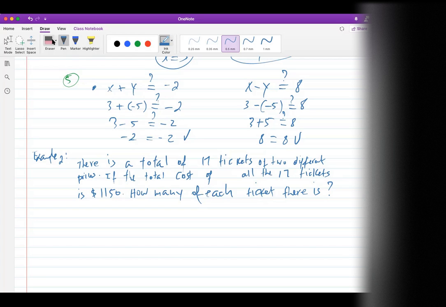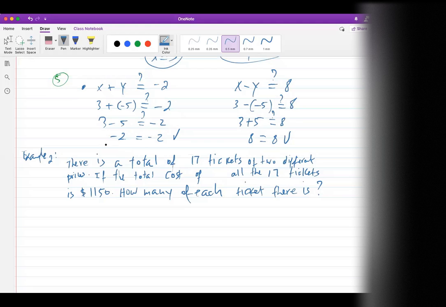So again, we're going to have to use a system to solve this. It's not one number that we're looking for, we're looking for two numbers. It's not like we have 10 tickets, the price is 60, what is the total price? No, that's very simple, you just multiply. Here, we're missing two things: the number of each of the tickets.